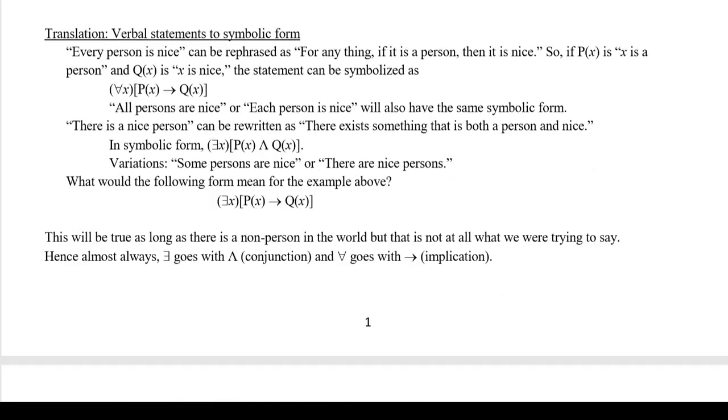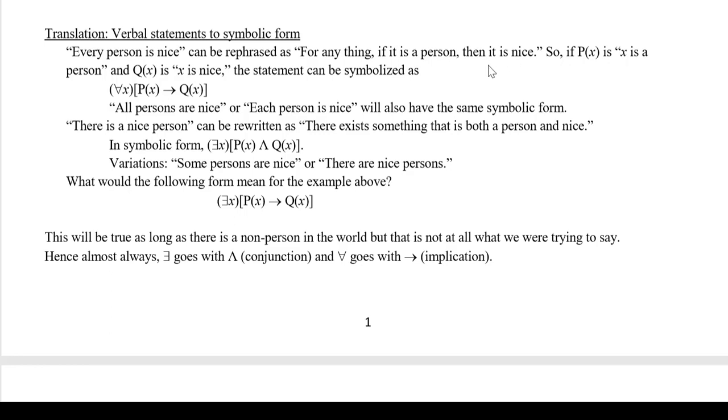So we continue here and we're going to talk about translating verbal statements to symbolic form using these quantifiers and predicates. "Every person is nice" can be rephrased as: for anything, if it is a person, then it is nice. So now the domain of interpretation is persons; x is a person, then it is nice.